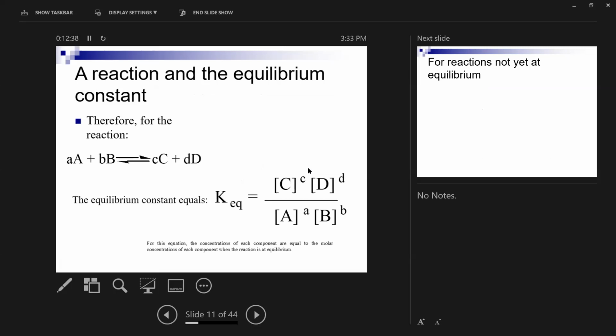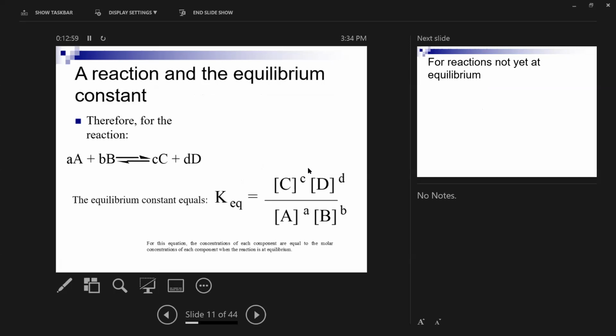So this is your reaction, then your Keq is equal to this concentration with that power times this concentration raised to that power divided by this concentration raised to that power times this concentration with that power. At equilibrium, that's your Keq.